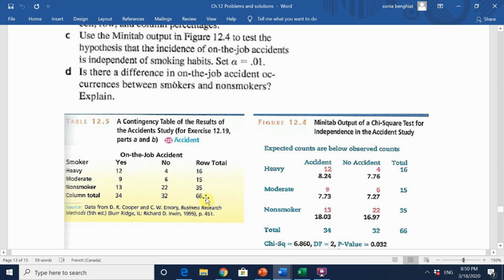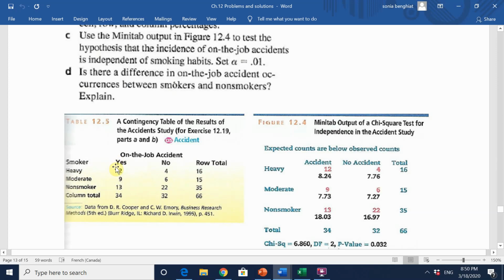Okay, so by classifying our information by category and crossing the two variables, we get this contingency table right here. So I know, for instance, that here I've got 12 employees who are heavy smokers and had an on-the-job accident.